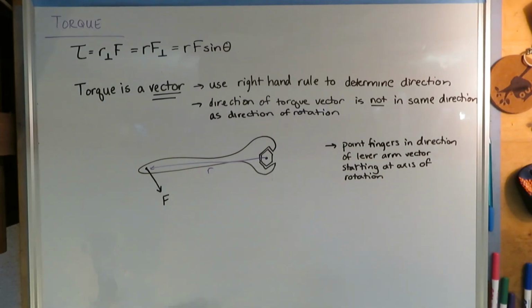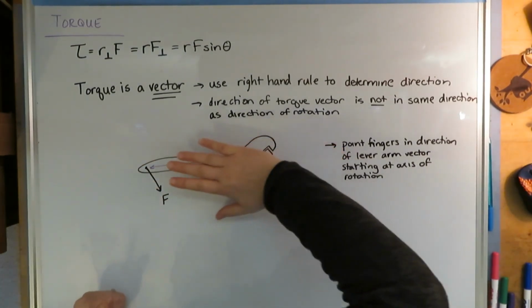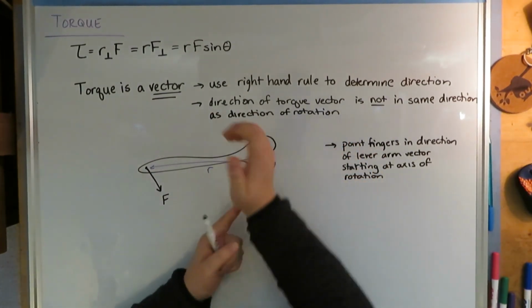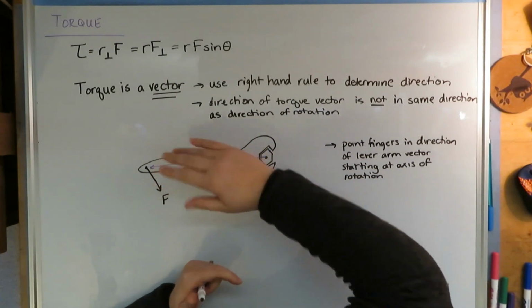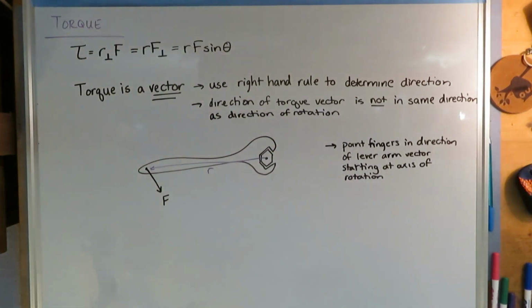So that's the first step. I can point my fingers in any direction as long as they point essentially away. I pretend the heel of my hand is at the axis of rotation, so I'm pointing my fingers in the direction of the R vector.